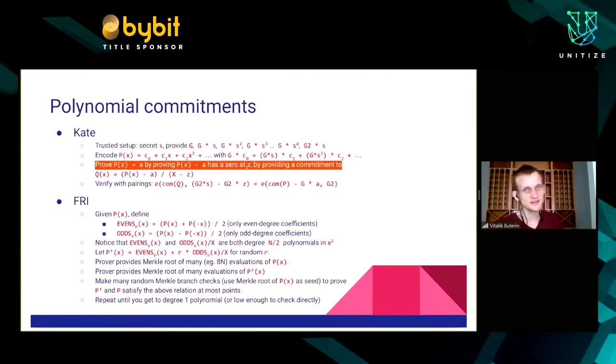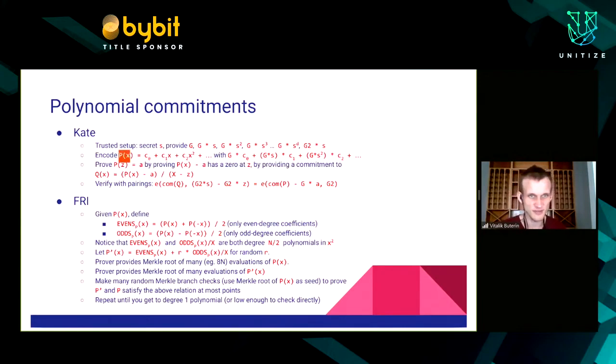But then the way that we do an opening proof is, if you want to prove that P of Z equals A, you do it by proving that P of X minus A has a 0 at Z. And to prove that, you prove that X minus Z is a factor of P of X minus A. You do that by providing P of X minus A divided by X minus Z, right?